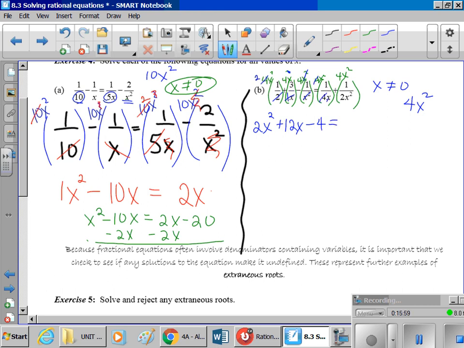The 4 cancels out. One of the x's canceled out. I'm left with 1x. All of the x squares cancel out, and the 2 cancels out, so I'm left with plus 2 times 1. So I get 2x squared plus 12x minus 4 equals x plus 2.